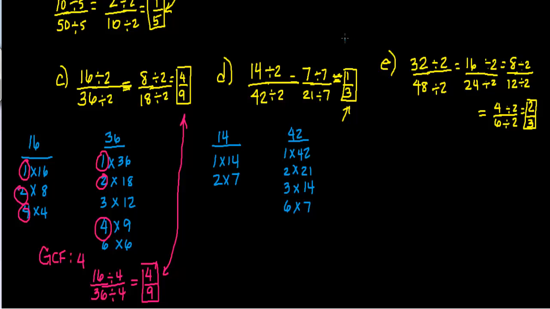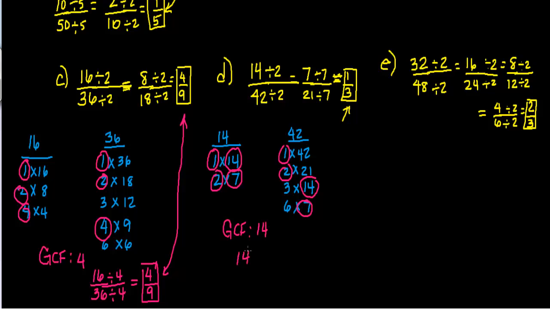And now let's circle the common factors. Common factors are 1, 2, 7, and 14. Now, out of all of these factors, what is the greatest common factor? The greatest common factor between these two is 14.